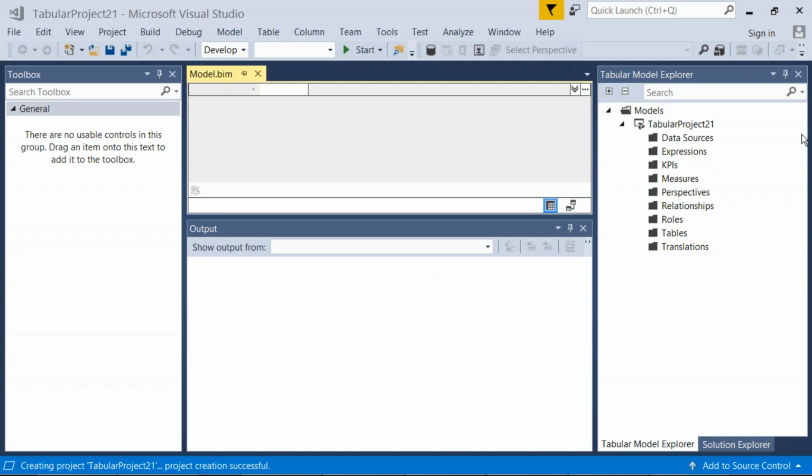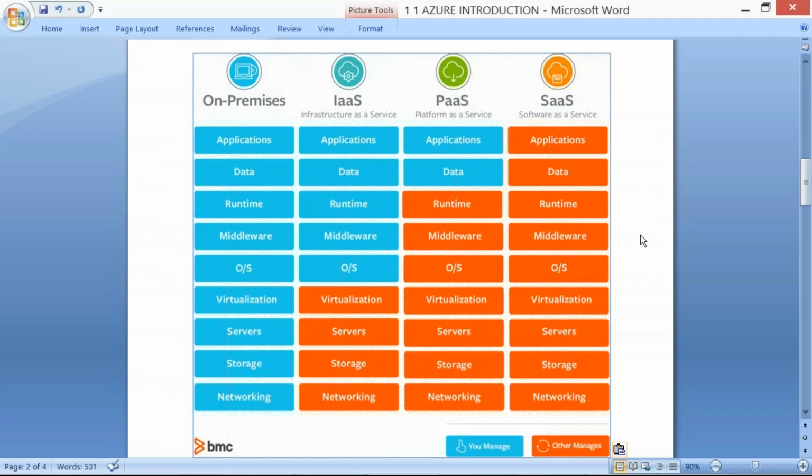To make it more clear and simple, let me take a small diagram on my screen now. So we got SaaS, PaaS, IaaS. SaaS, 100% cloud. In our course, we'll be taking an example of ADF, Azure Data Factory, and Azure Databricks, completely in cloud.